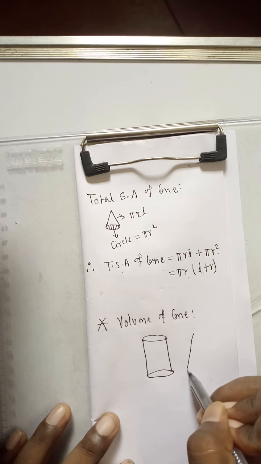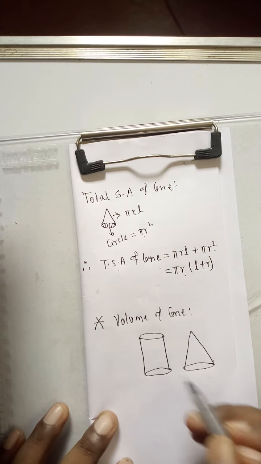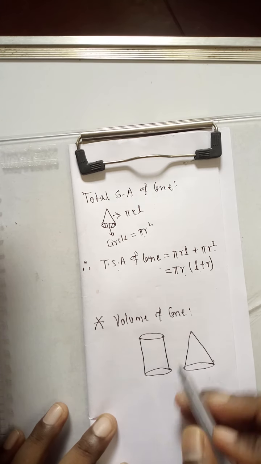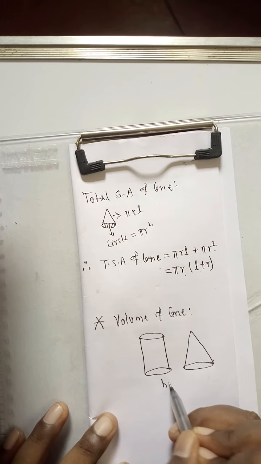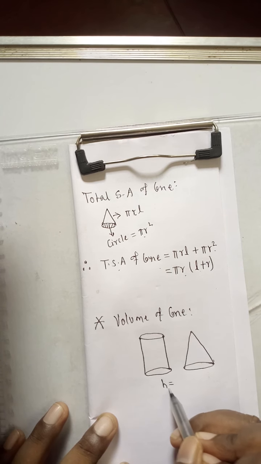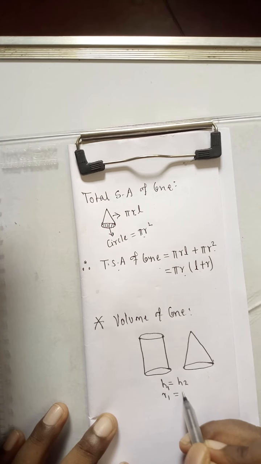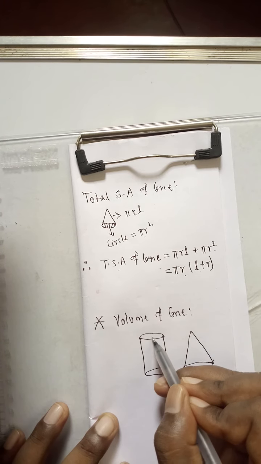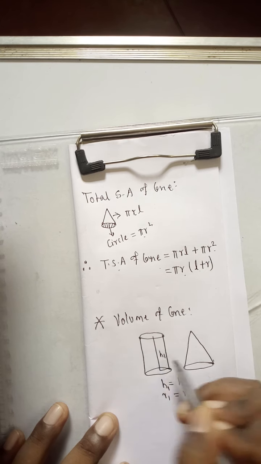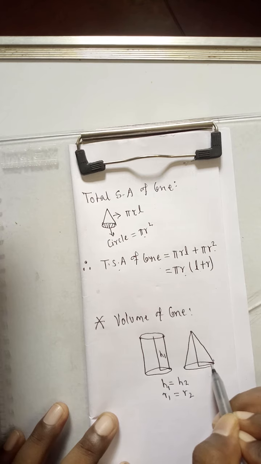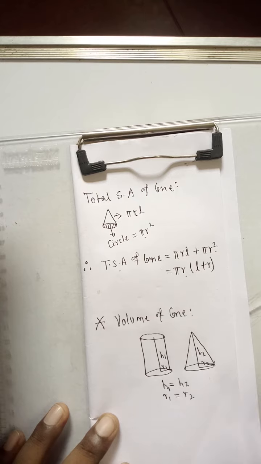If a cone and a cylinder both have the same height and the same radius, that means h1 is equal to h2, r1 is equal to r2, where in this case this height I'm writing as h1, this height as h2, this is r1, this is r2.